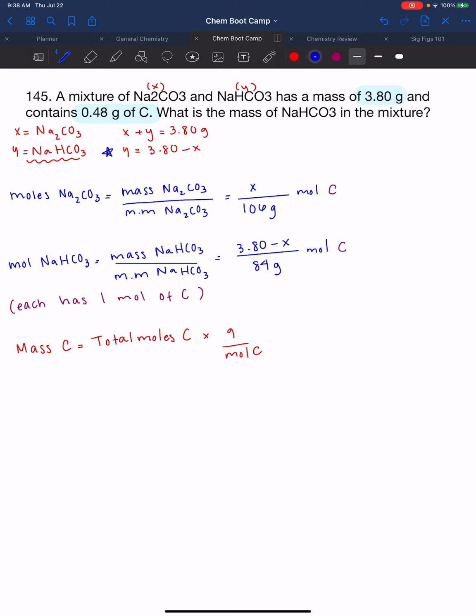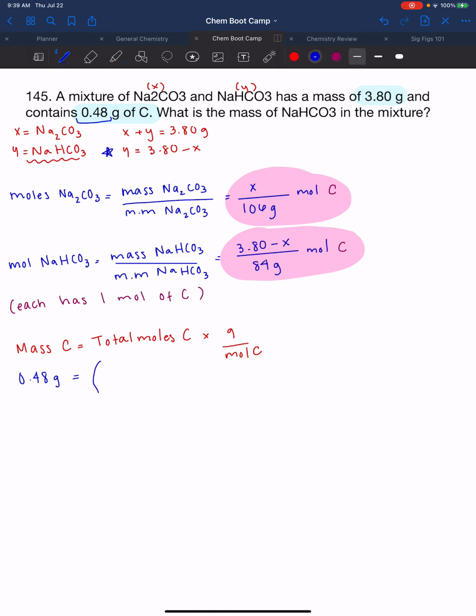So now we're just going to plug these in. The total mass of carbon, which was given to us in the problem, is 0.48 grams. The total moles, which are right here, which I'm going to highlight for us, we're just going to plug these in.